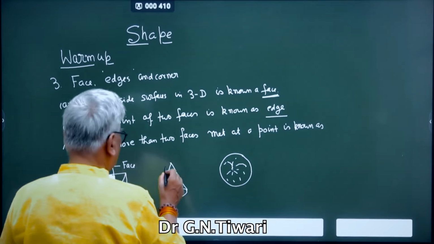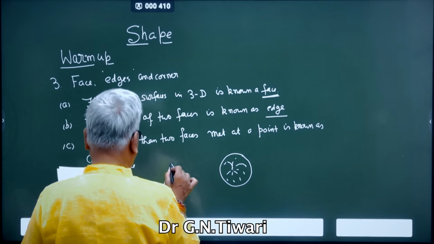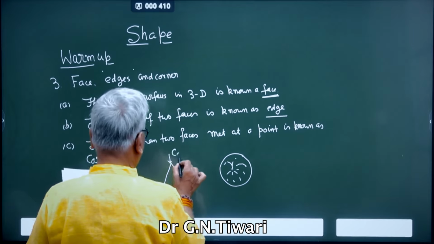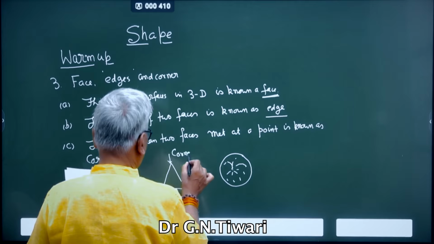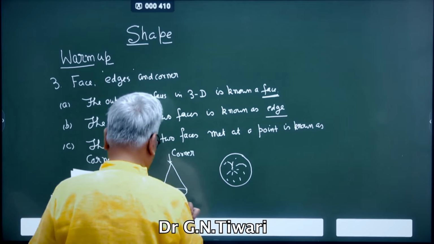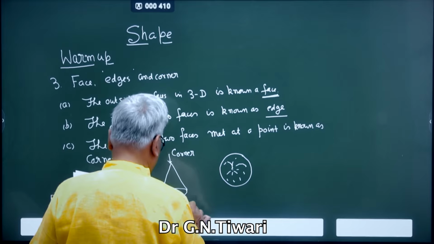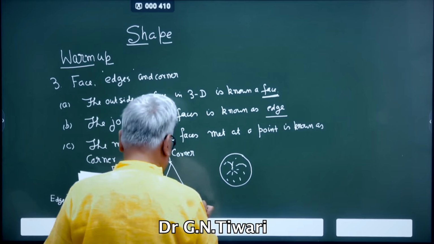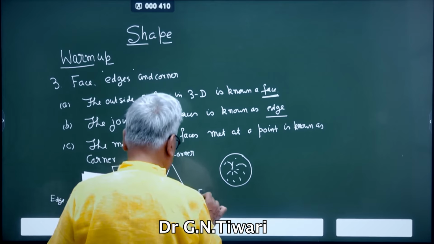Let's see here. Here the point, this is the corner. This is the face. The circle face is a face, and the circle one is the edge.